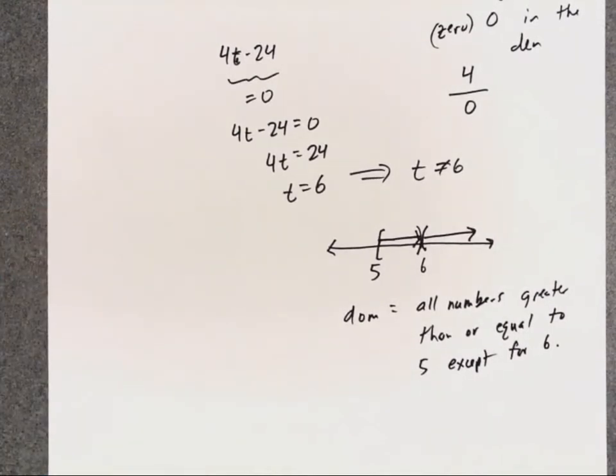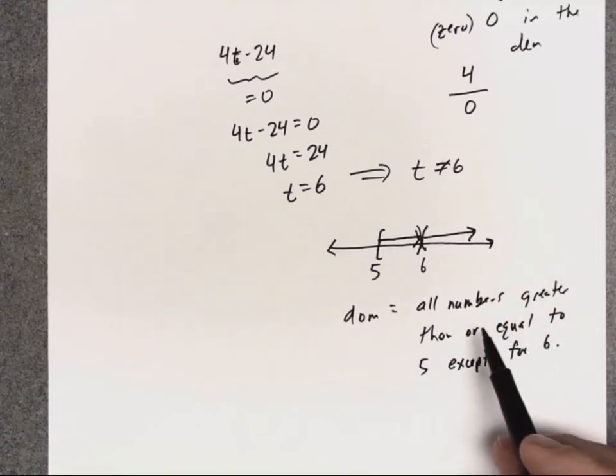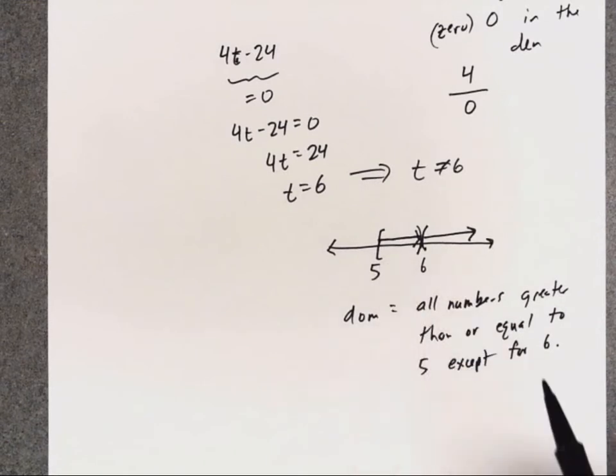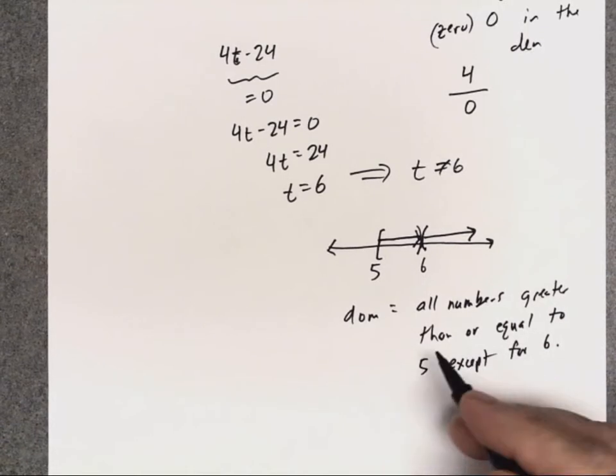So the domain is what numbers can t be? Turns out t can be all numbers greater than or equal to 5 with one exception. It can't be 6. It can be everything else, but it can't be 6.